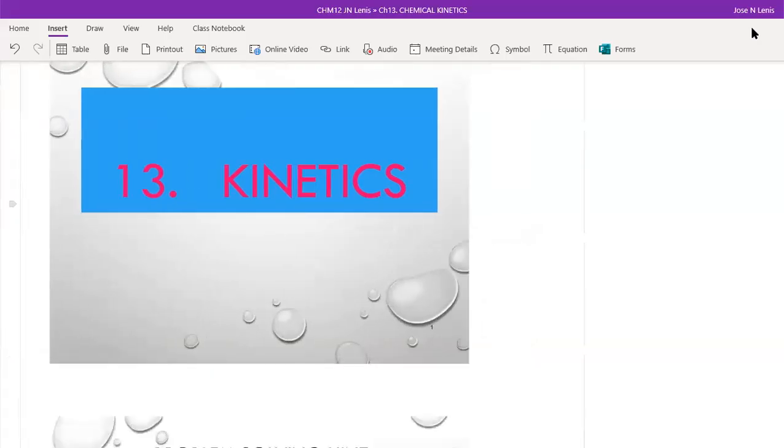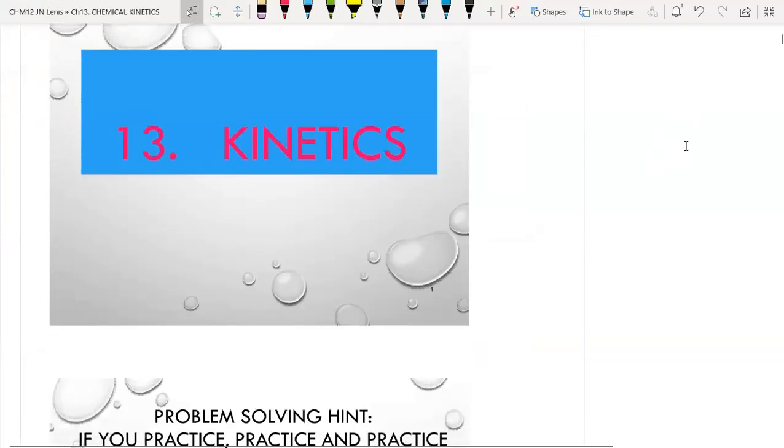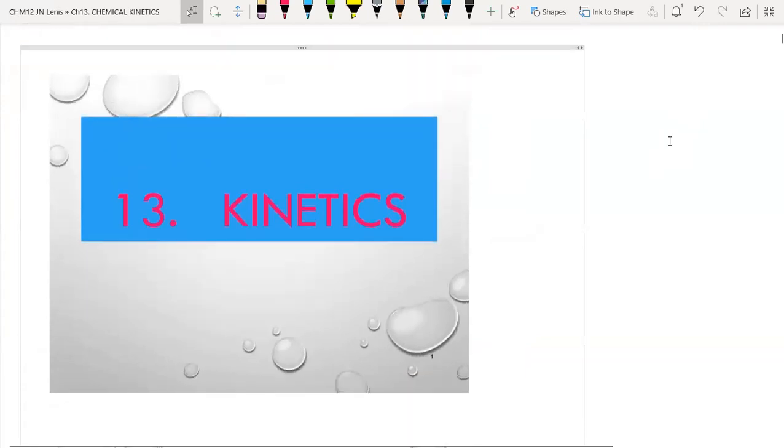What is kinetics for you? When we hear the word kinetics, what comes to your mind? Yes, some of you are thinking of movement, something that is in motion.